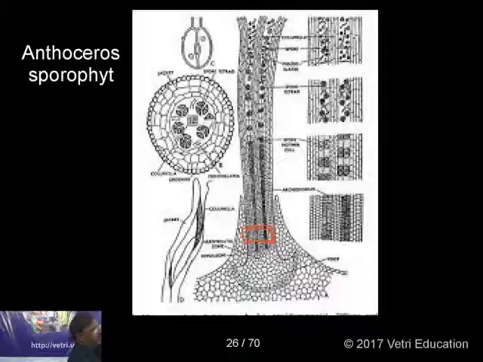Every stage you can find, and then it breaks into two halves and releases the spores. So these spores you can find from the different stages. The section is given here. Sporogenous cells and spore mother cells undergo reduction division and form haploid spores. Haploid spores are released out. This is a speciality you can find in Anthoceros.